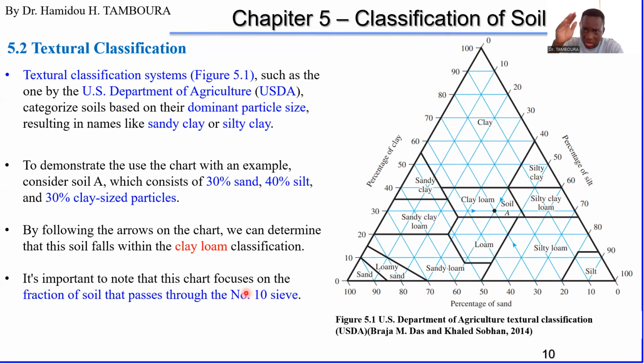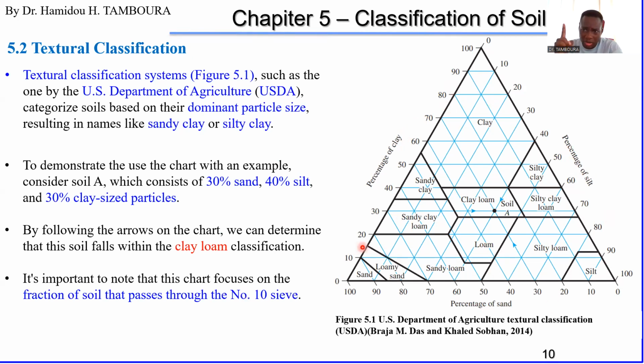So if every soil passing through this sieve number 10 means that the soil has soil particle with diameter smaller than 2 millimeters. So it means it will automatically be sand or clay or silt, only these three.